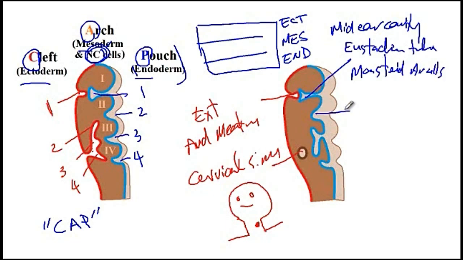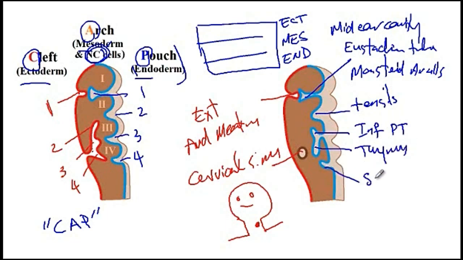And then the second one gives rise to the epithelial lining of the palatine tonsils. The third one gives rise to two different structures, the inferior parathyroid gland as well as the thymus. And the last one, the fourth one, gives rise to the superior parathyroid gland.